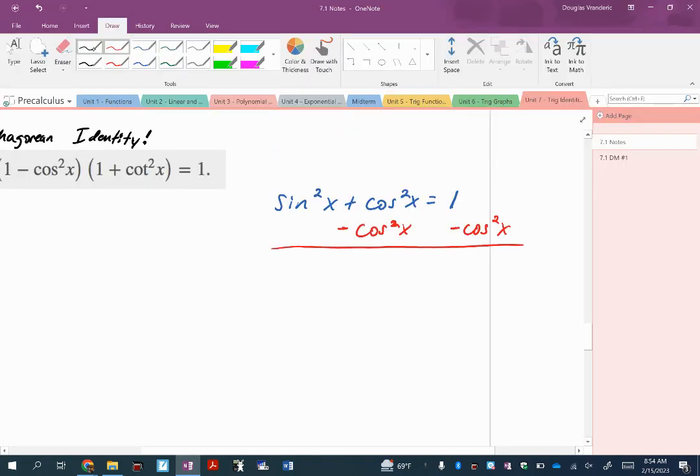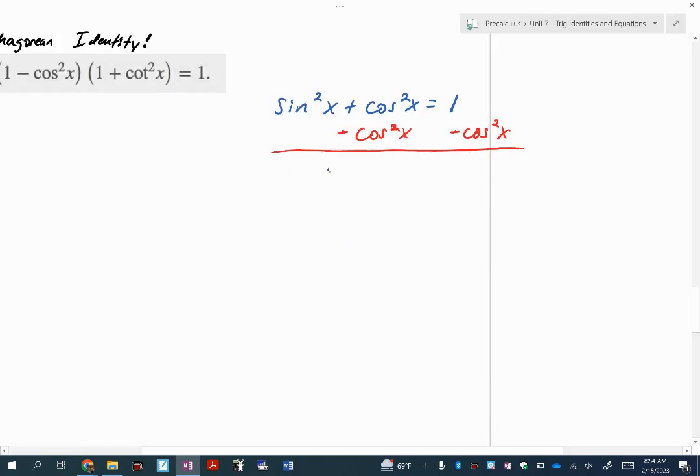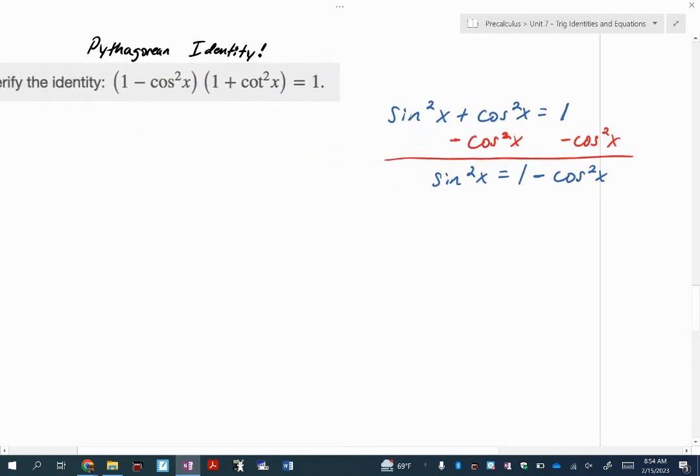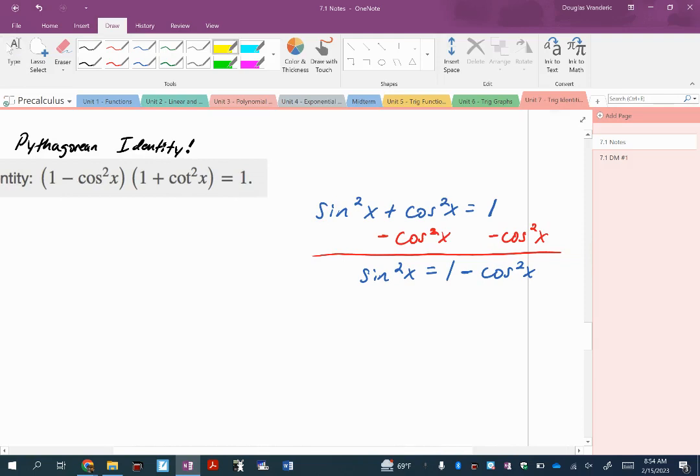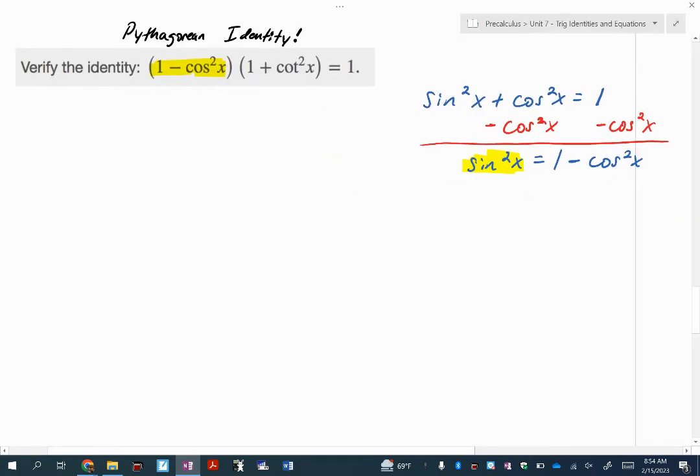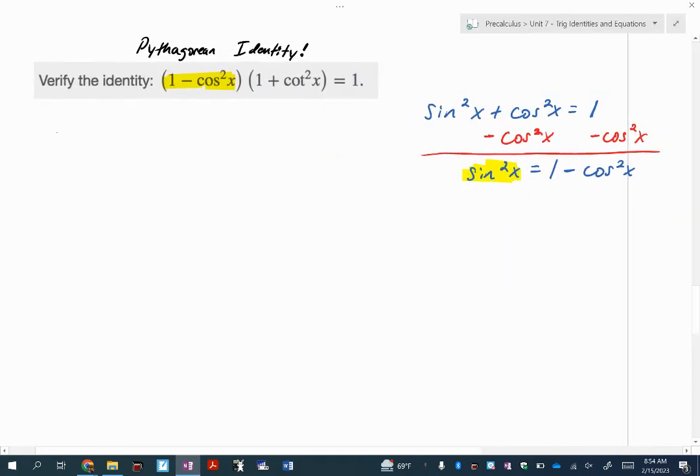And when I do, I'm left with sine squared x equals 1 minus cosine squared x, which if you look, that is what I have. So I'm going to go ahead and do a little work here, right? 1 minus cosine squared x is the same as sine squared of x. So let's go ahead and replace 1 minus cosine squared x with sine squared of x.